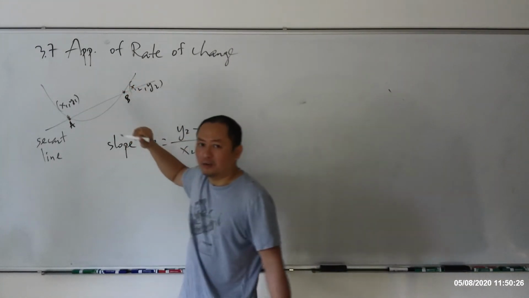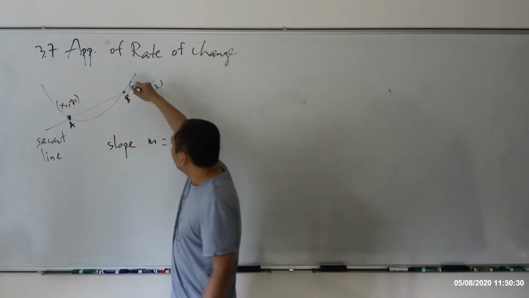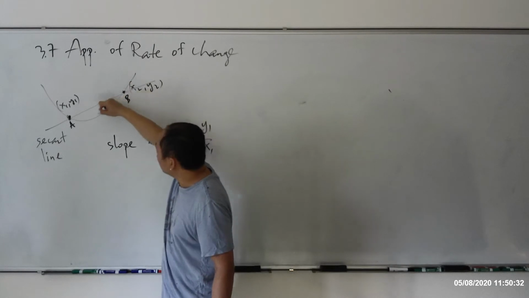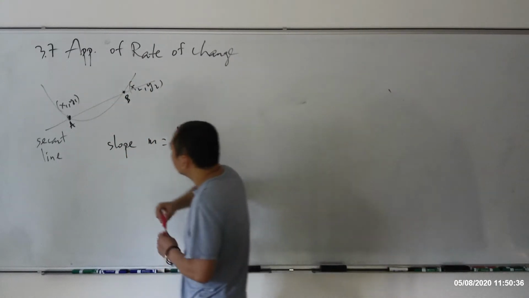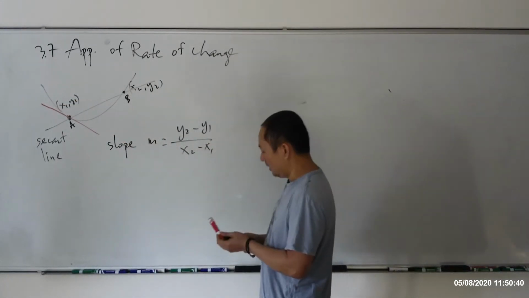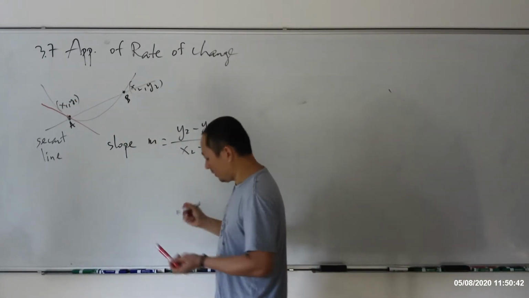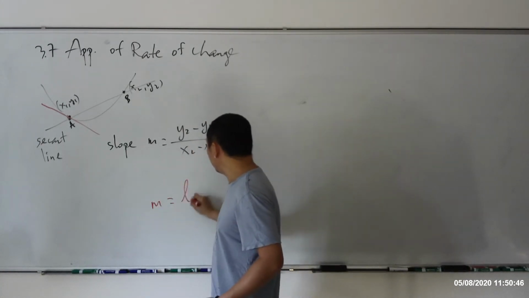And then in the definition of the derivative, I showed you what? We fix point A, we keep moving point B closer and closer to point A. The secant line becomes the tangent line, and the slope of tangent line is going to be m is equal to what? The limit, right?